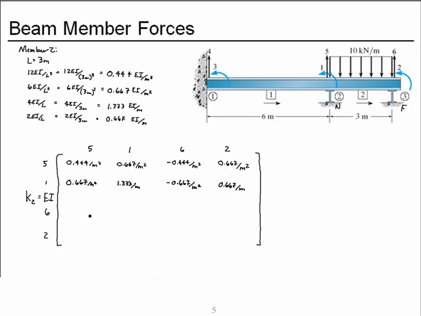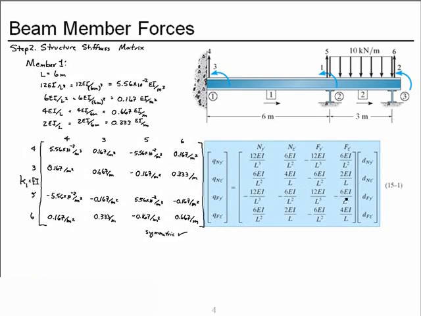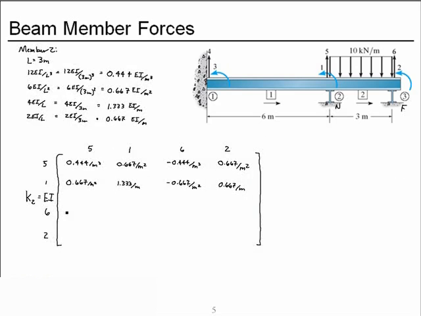Then the next row is identical to the first row, but all of the signs are reversed. So we have 0.444 over meters cubed minus 0.667 over meters squared, and now a positive 0.444 over meters cubed and a negative 0.667 over meters squared.